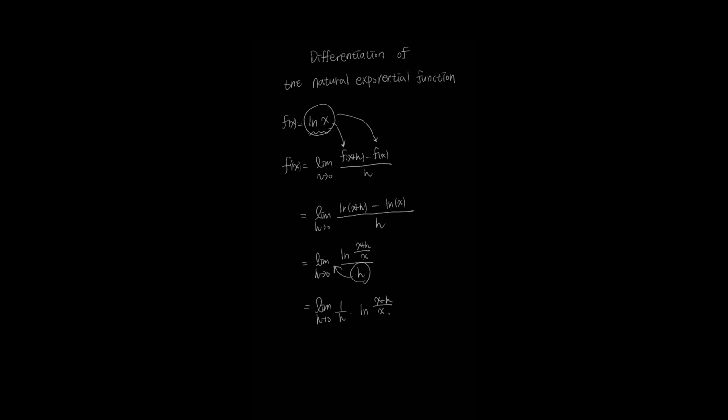And we can rewrite the inside like x plus h, minus x, h divided by x, and this would be 1. So we can rewrite this as 1 plus h divided by x.